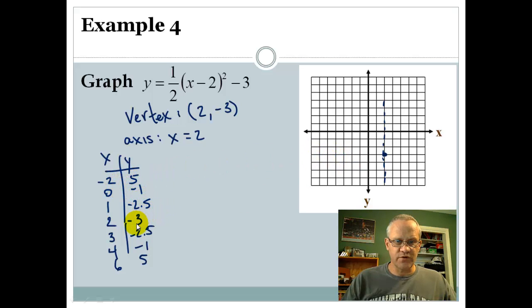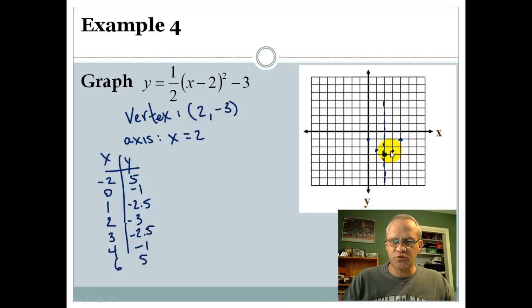So from 2, -3, we could also do 1, -2.5. It might be a little harder, but it's somewhere about right there. And then you've got 0, -1, which is about right here. And then you've got 3, -2.5, about right there, and 4, -1. So that could be enough to do your graph.